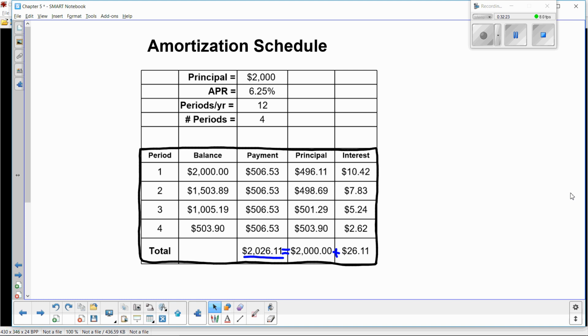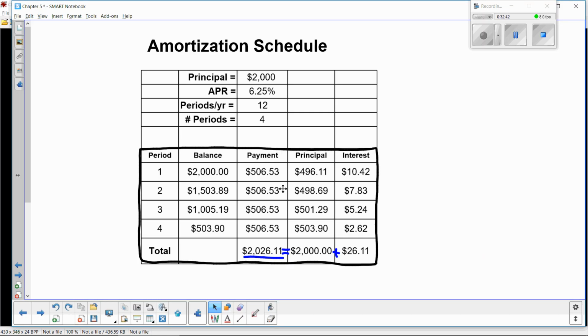That's it. You make the same monthly payment every month, and the payment is comprised of a principal and interest. Something else I didn't mention is, notice your interest part goes down. As you make more payments, the proportion of your payment, which stays the same, that is made up of interest goes down, and the proportion of your payment that's made up of principal, which is really going toward your loan, goes up.